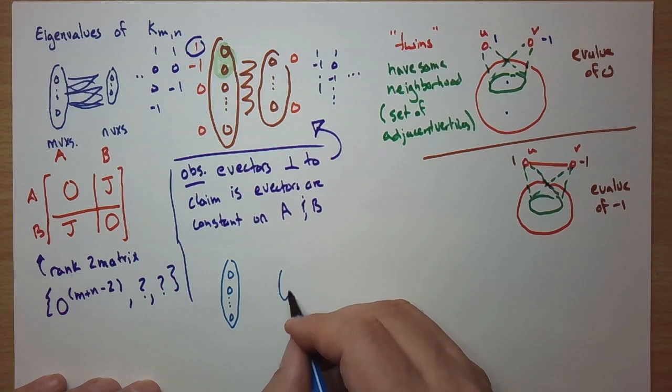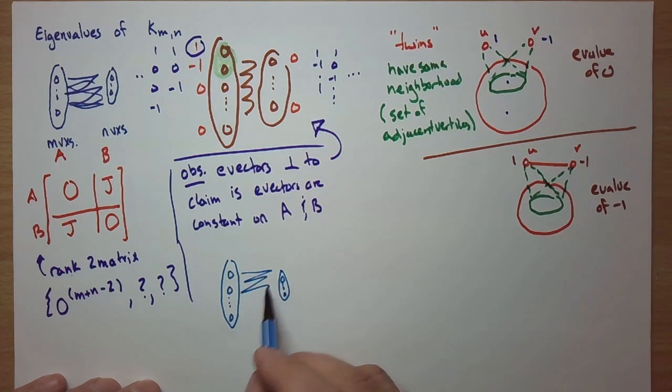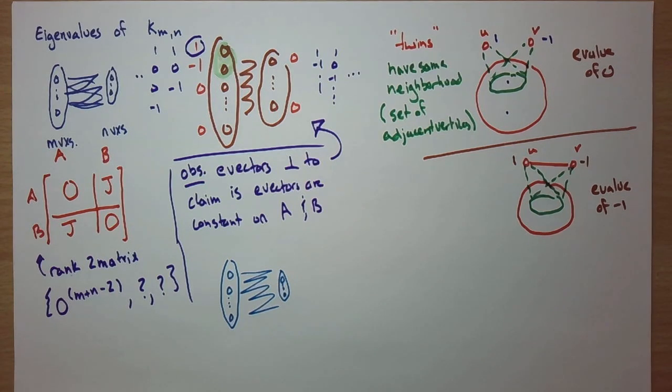Wouldn't all ones be perpendicular? That's an example, yes. And that may or may not be an eigenvector, depending upon the situation. Yeah, you take the inner products.